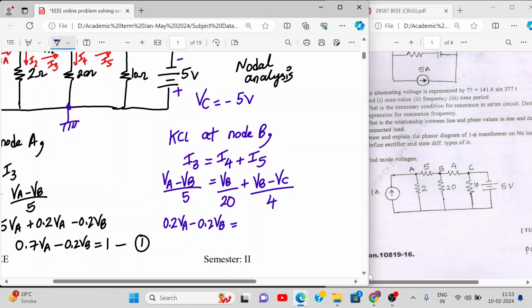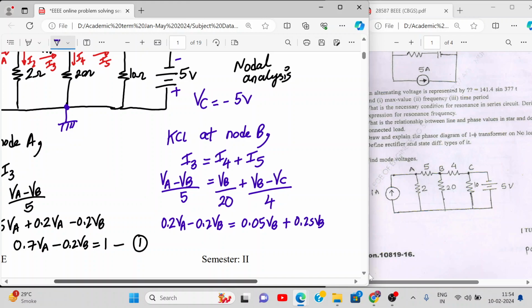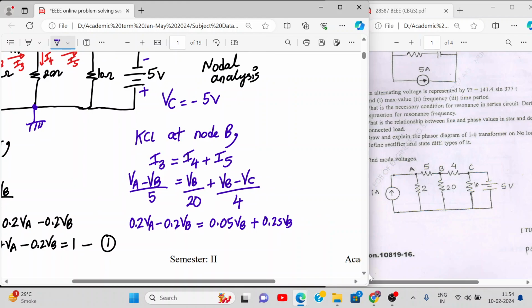What is 1 upon 20? How much is it? 0.05. 0.05 VB plus 1 upon 4, 0.25 VB, and here it is minus, or minus 5 upon 4. How much is 5 upon 4?